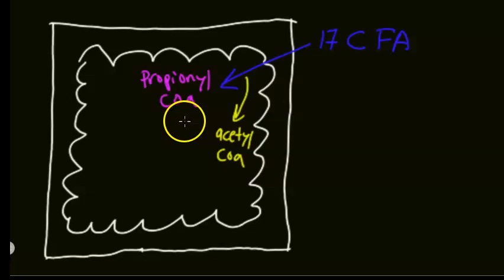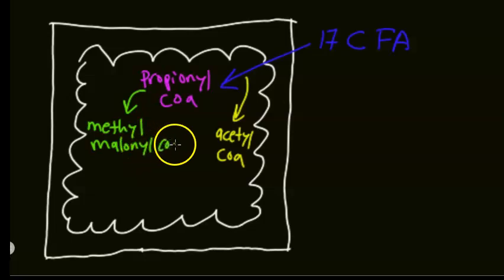Now, this propionyl-CoA is a 3-carbon molecule, and it will get converted into methylmalonyl-CoA. So during the first step, this propionyl-CoA will actually get converted into another molecule known as methylmalonyl-CoA. And this methylmalonyl-CoA is going to be formed via a carboxylation reaction right over here.